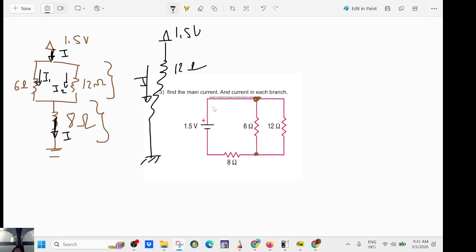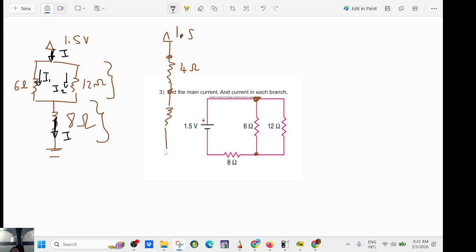This one is in parallel, so I'm skipping a step. If I want to do the whole thing, I should do it here: 1.5. This part here is equivalent to a 4 ohm, and this part here is equivalent to 8 ohms.